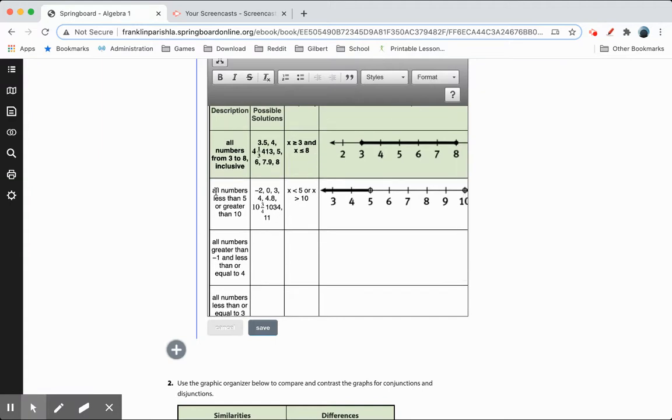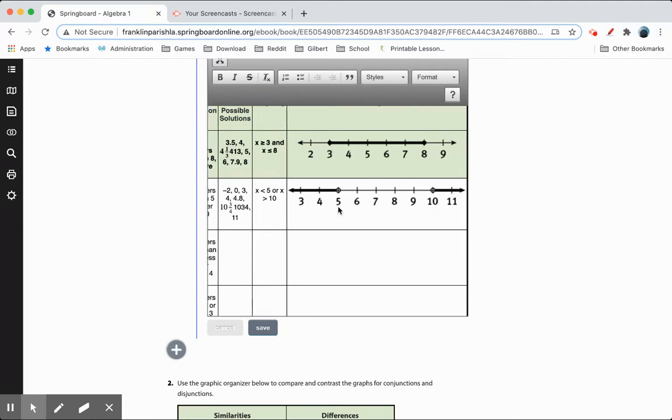The second one, all numbers less than 5 or greater than 10. So that could be -2, 0, 3, all of these choices. You would write that as x is less than 5, or x is greater than 10. We use the word or because they do not cover the same numbers.